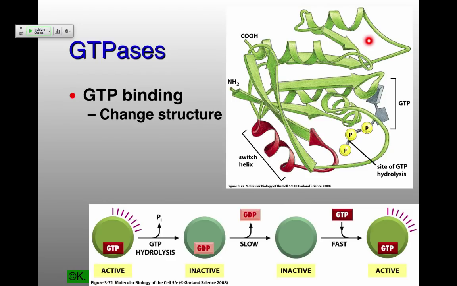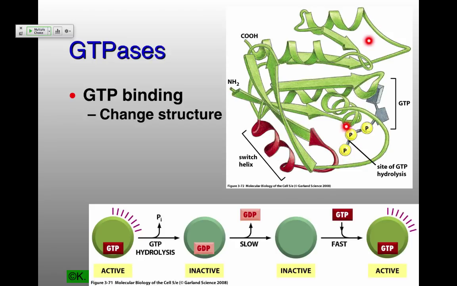Let's look at a case of a GTPase. This is probably the best studied of any of the GTPases or GTP binding proteins. This is RAS. This is a protein which is mutated in something like 50% of solid tumors, which gives you an idea how important it is for general cellular development. We can talk about where that RAS mutation is a little bit later on. But this is the normal RAS protein bound to GTP.